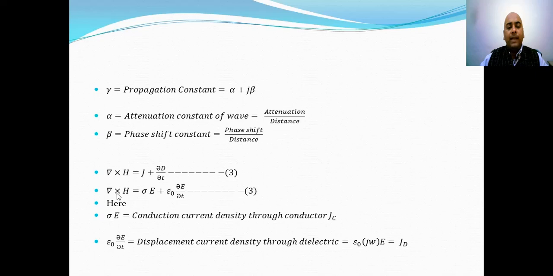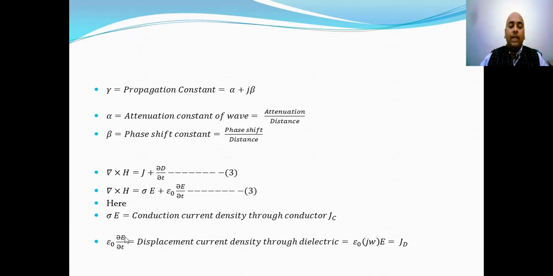So when expanded, we can write J as σ into E, where σ represents the conductivity of the conductor, plus ε₀ ∂E/∂t. σE here is the conduction current density through the conductor and ε₀ ∂E/∂t represents the displacement current density through dielectrics.